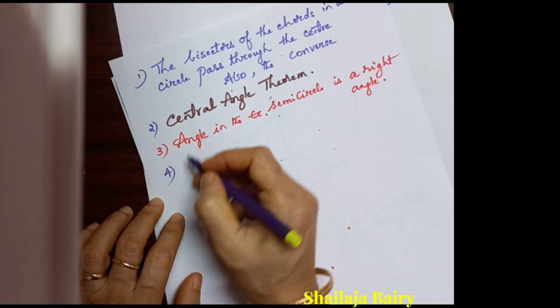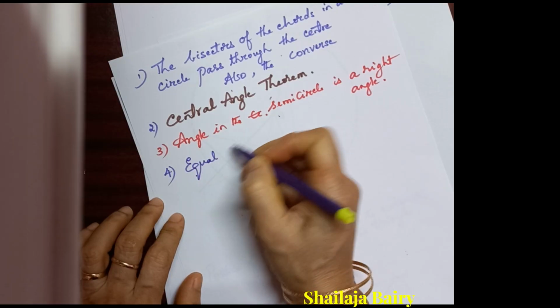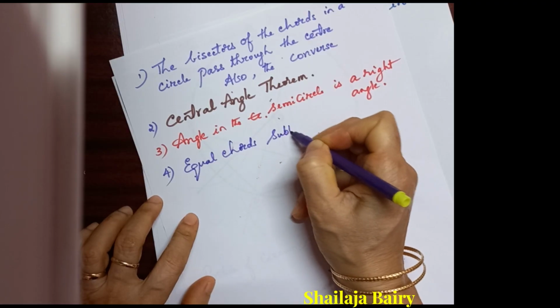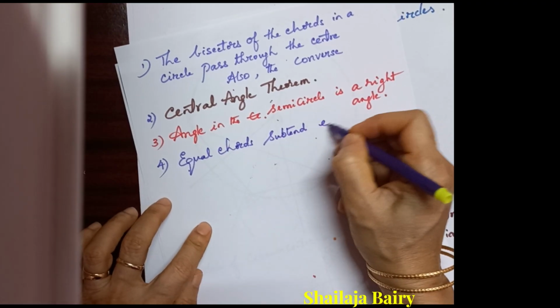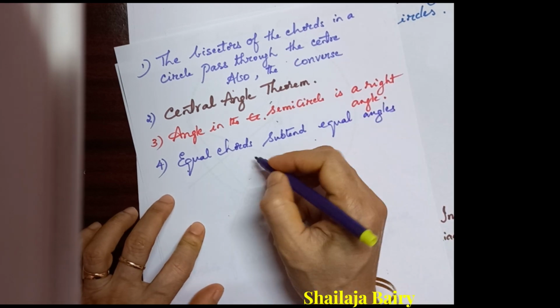So we can write another property: equal chords subtend equal angles at the center.